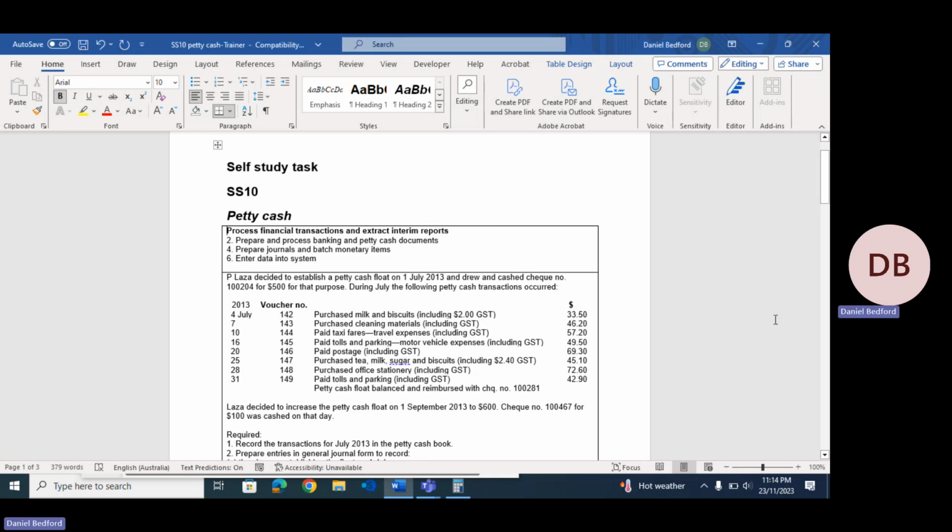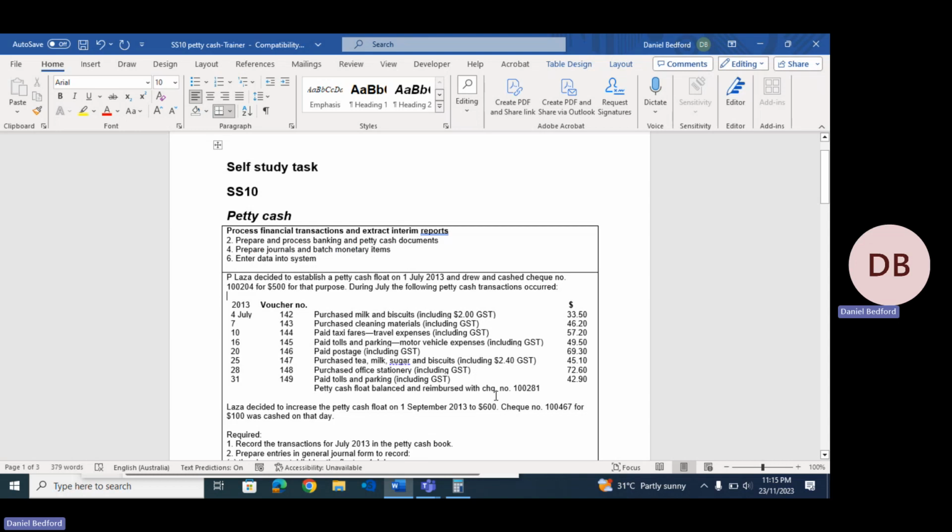And to do that, I've got a sample question here, which is not too different from your assessment question. It's a dated question, 10 years old actually, and we have an individual that decided to establish a petty cash float on the 1st of July 2013, and drew a cash check number ending in 204 for $500.